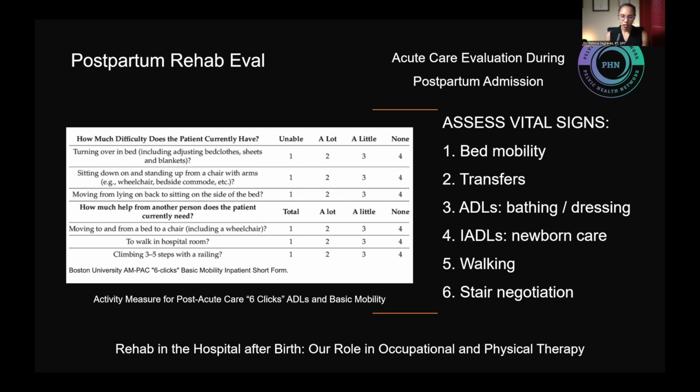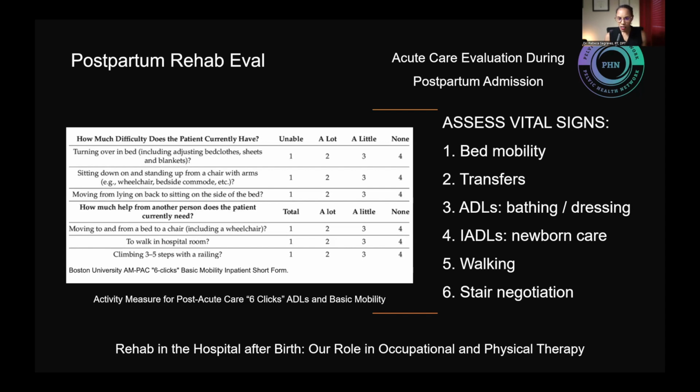And what do they need? If they're not safe, what do they need in order to be successful with that discharge plan?